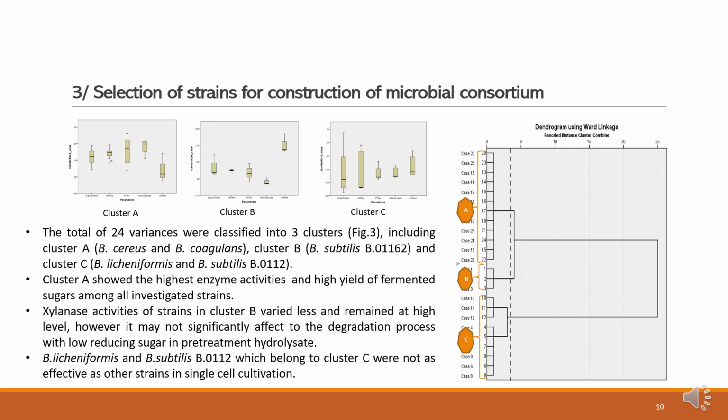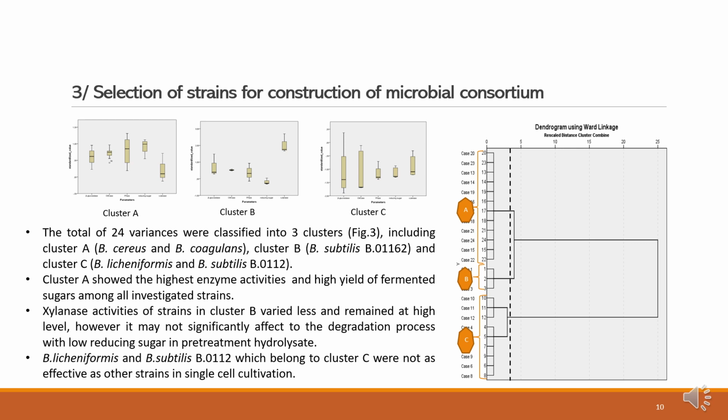In order to elaborate the mechanism of the cellulose degradation, the enzymatic activity was assayed at 72 hours of harvesting. The total of 24 variants were classified into 3 clusters, including cluster A with Bacillus cereus and Bacillus coagulans, cluster B including Bacillus subtilis B01162, and cluster C for the remaining strains.